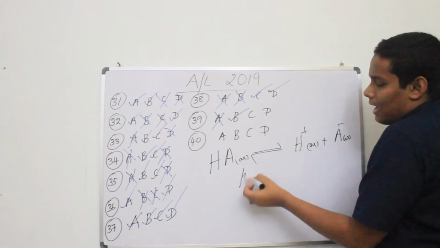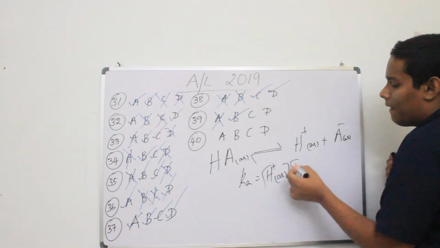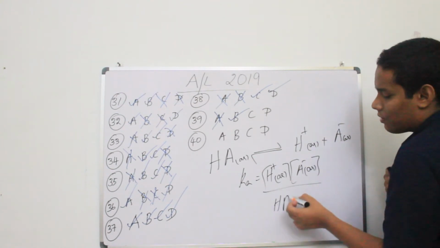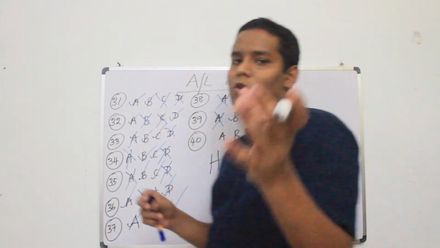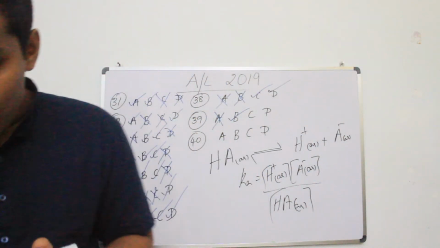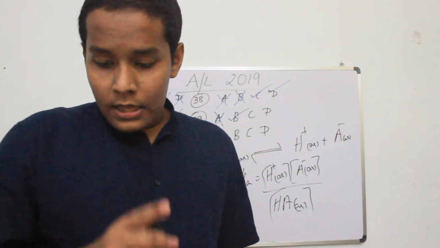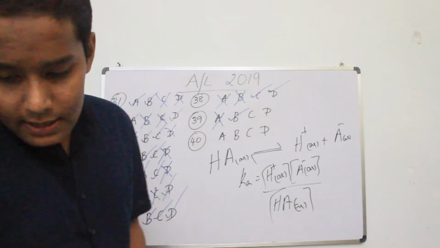Ka equal to H plus aqueous concentration into A minus aqueous concentration divided by HA aqueous concentration. Here there is nothing to do with water because concentration of water is considered to be constant. So if we add more water, the fraction dissociated, now look at the statement again.